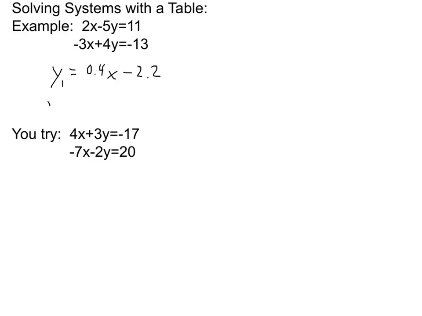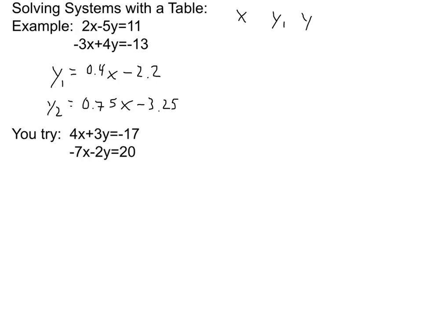Okay, the second equation, y2 equals, if I add 3x to both sides and divide by 4, 3x divided by 4 would be 0.75x. Okay, and then -13 divided by 4 is -3.25.